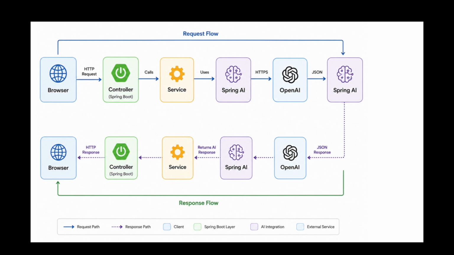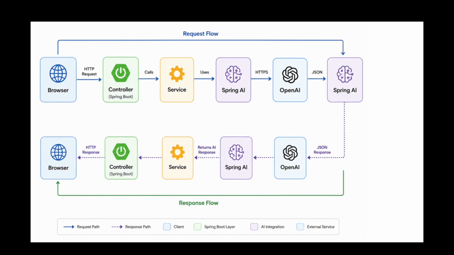Now comes the important part. Spring AI acts as a bridge between our Java application and OpenAI. Instead of manually creating HTTP requests, adding authentication headers, and parsing JSON, Spring AI does all of that for us. Spring AI then sends an HTTPS request to the OpenAI servers.